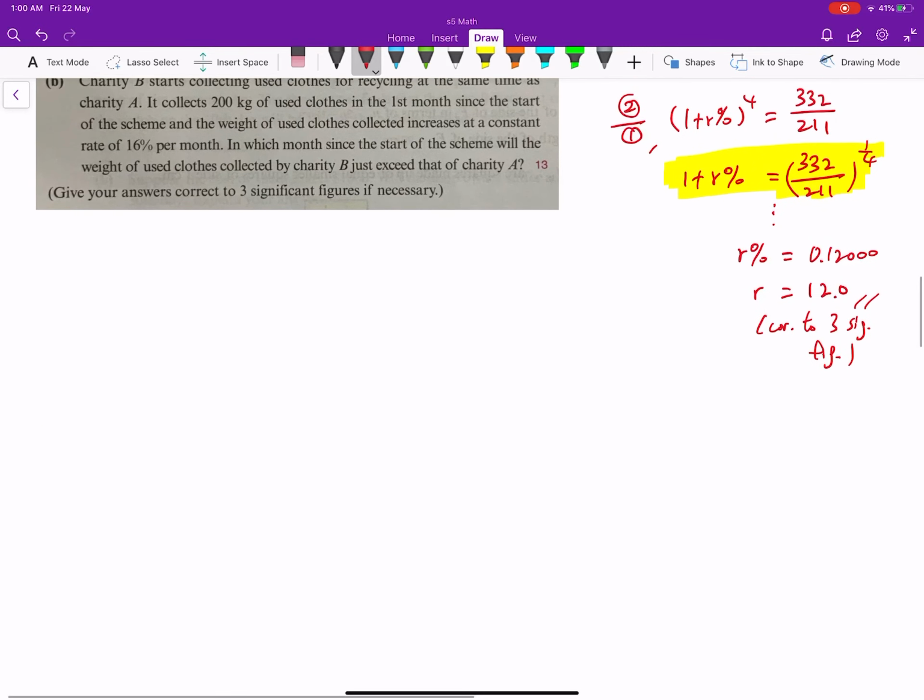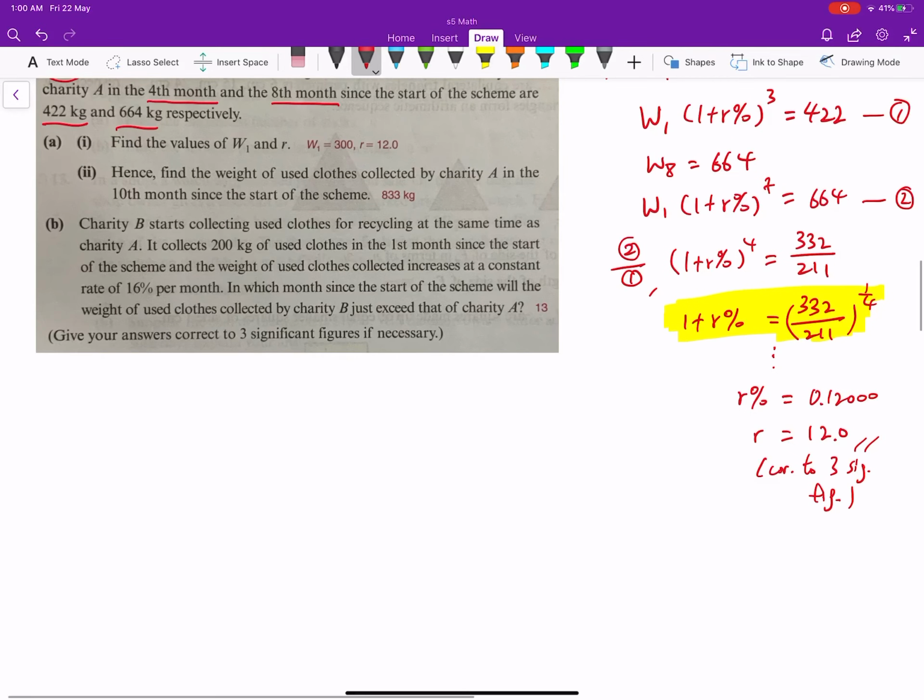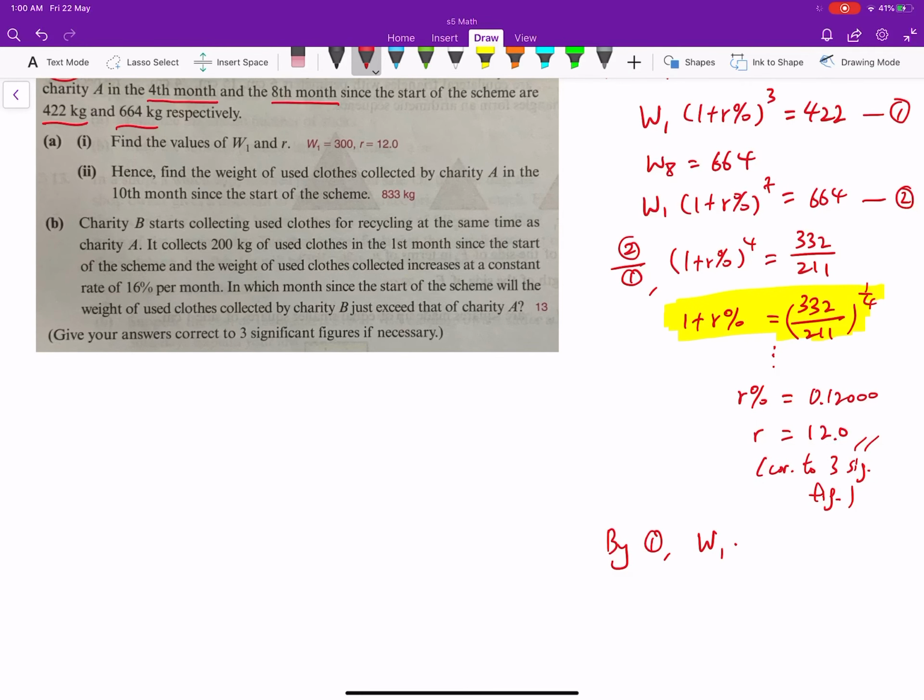Okay, and then similarly, we need to use either 1 or 2 to find W1. So with 1, we get W1 times 1 plus R, to the power 3, is 422.